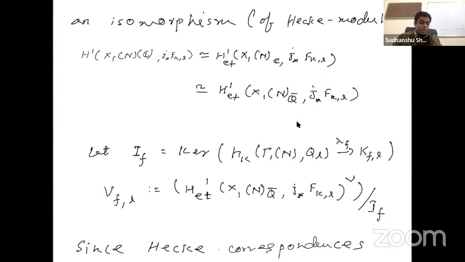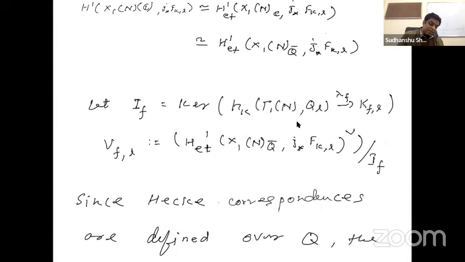Okay, so all these are, because Hecke correspondences are defined over Q itself, the Galois action will be linear with respect to the action of the Hecke algebra on all these cohomology groups. So we can take this ideal of the Hecke algebra IF and go modulo.